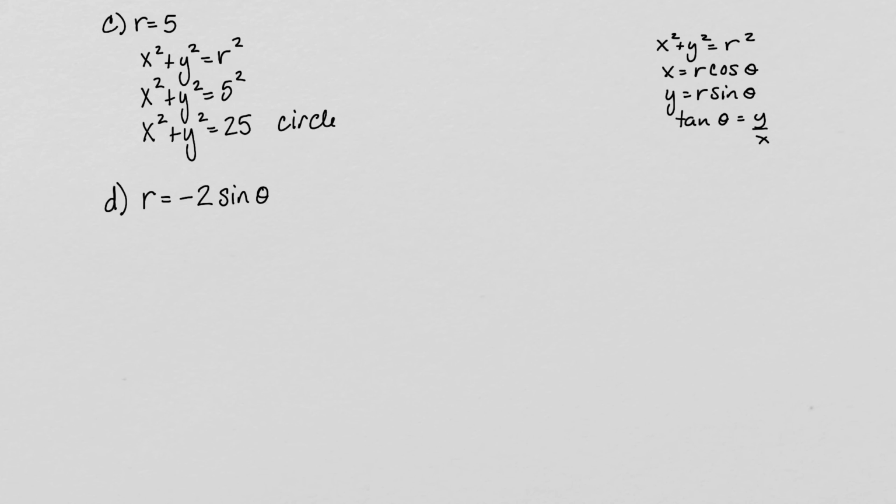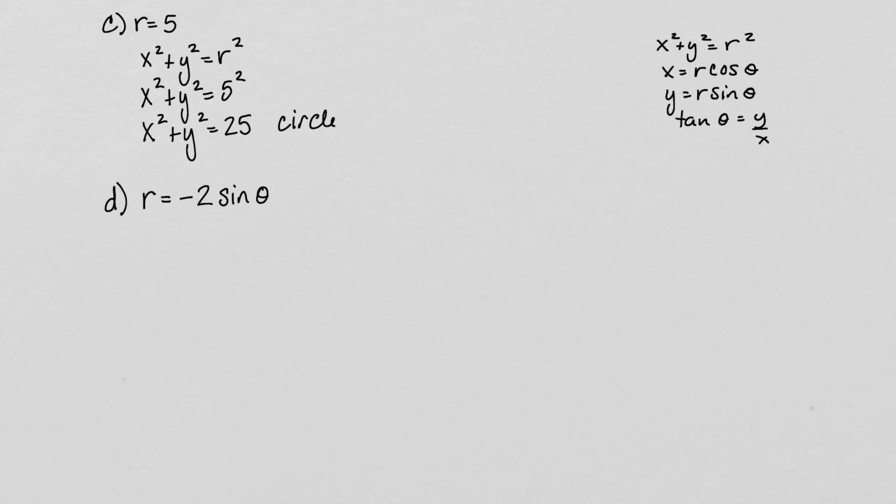If I happen to have r sine theta, then I could have used the line that says x is equal to r cosine theta, or the line that says y is equal to r sine theta. The problem is I don't have an r in here. I have a negative 2, but I don't have an r.